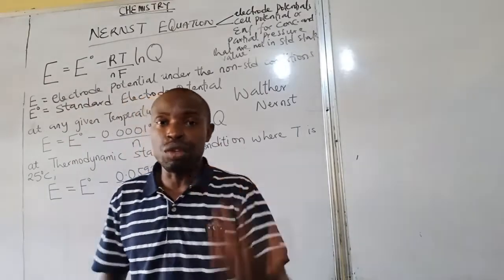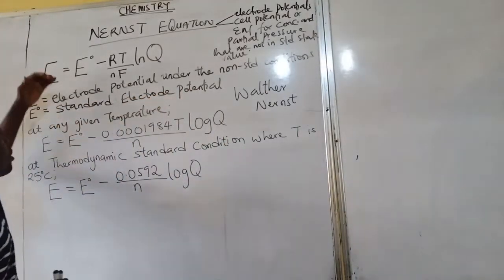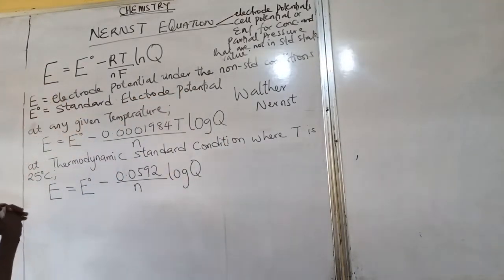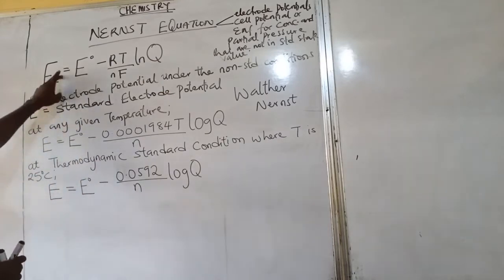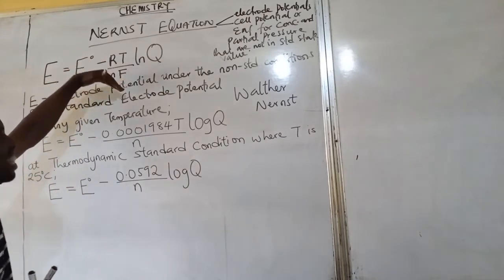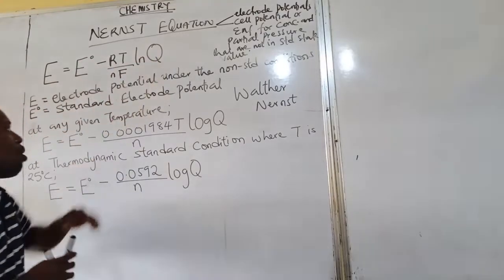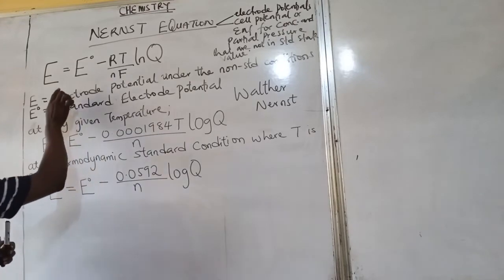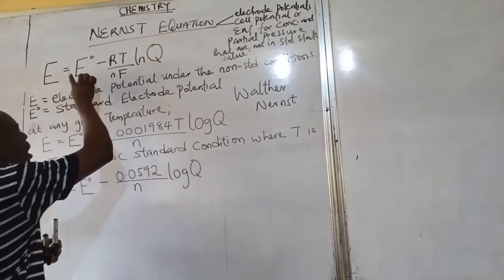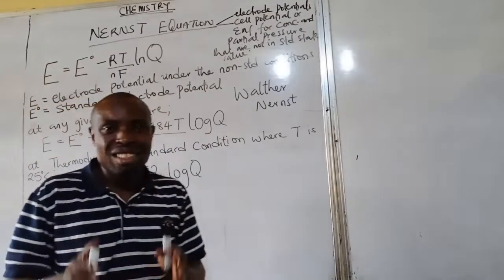Now, the formula for the Nernst equation generally is given as this: E is equal to E naught minus RT over nF ln Q. Now, I will tell you what each of these parameters stands for.